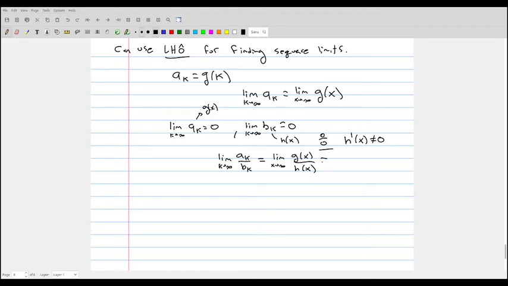But the idea here is that this can then be directly calculated using L'Hopital's rule as the limit as x goes to infinity of g prime of x over h prime of x. This is another property that we can directly use to help us figure out general limits.